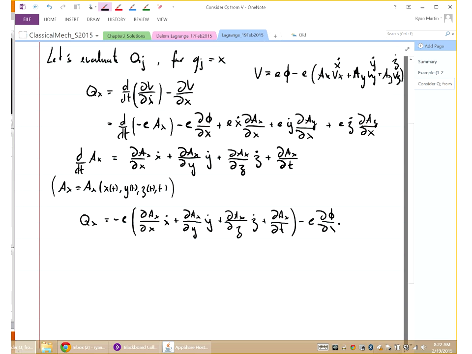And then I have a minus e ∂phi by ∂x. And then I have the last three terms: plus e x dot ∂Ax by ∂x plus e y dot ∂Ay by ∂x plus e z dot ∂Az by ∂x. So I think I did that correctly. It's easy to get mixed up because there's a lot of x's and y's and Ax's, but I think that's correct.